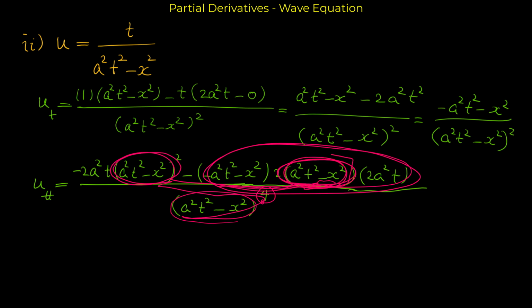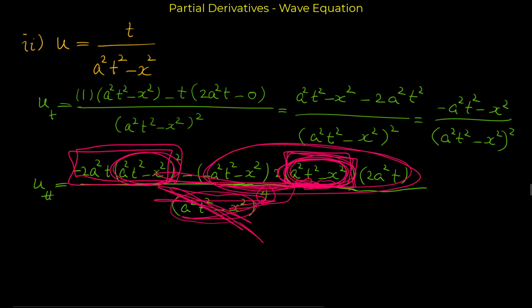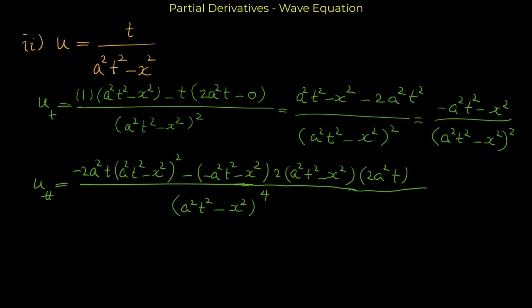We can factor this a²t² minus x² from this term and from this term and cancel with the denominator. So please pay attention again, let me repeat. This term and this term and this term are common between all the terms in numerator and denominator.